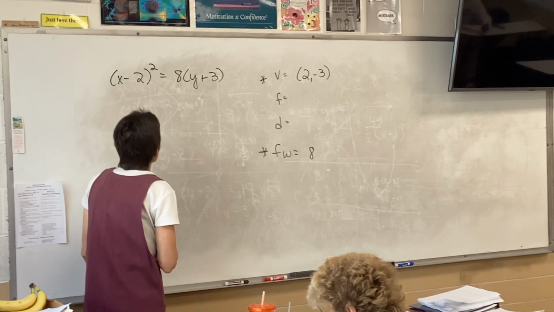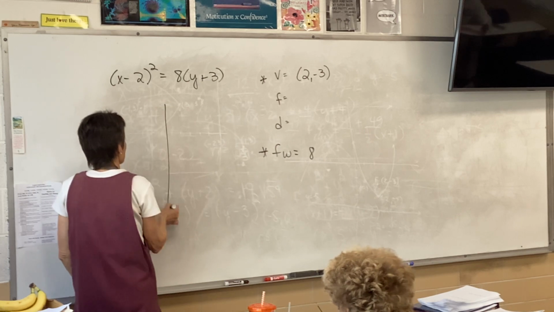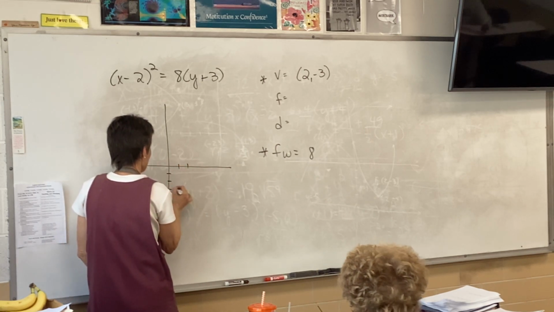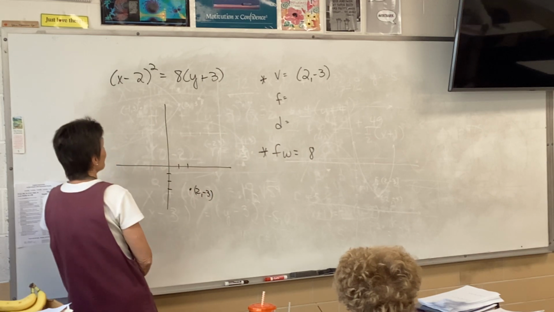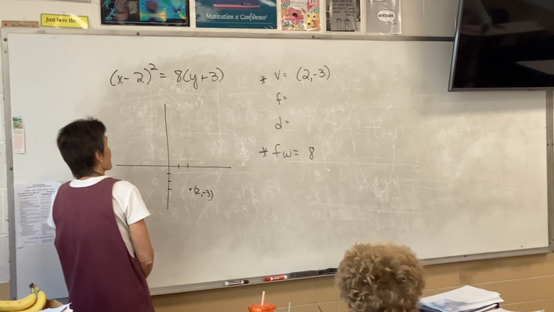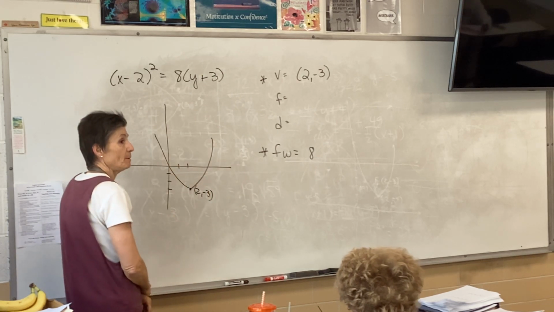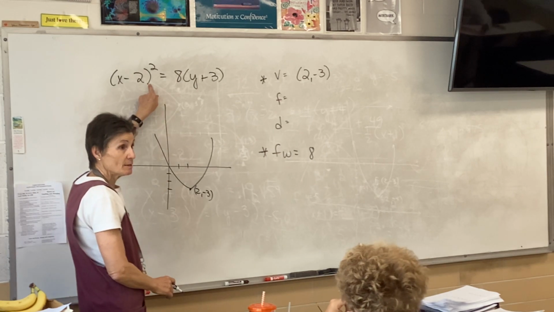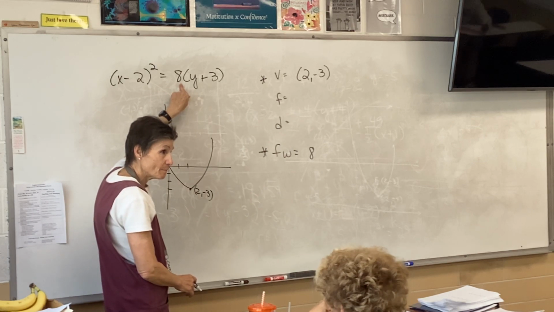Now, I think I'm just gonna draw it, figure out what's going on. So you said my vertex was a 2, -3. Which way do I open? Up. Why do I know I open up? Because it's x squared and it's positive.